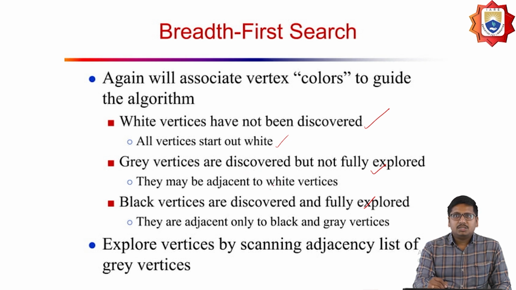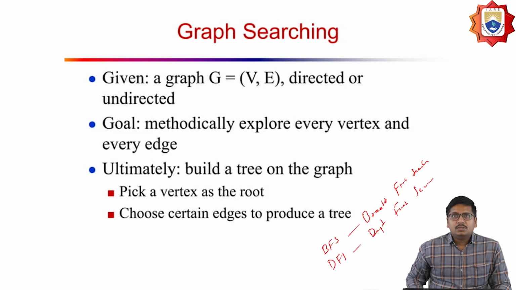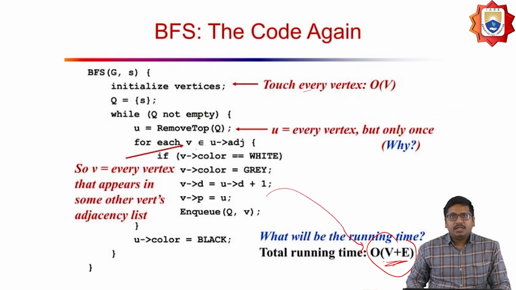So that may be adjacent to those white vertices, and black vertices are discovered and fully explored. So this should be the breadth-first search algorithm, which is nothing but a graph traversing technique. And that one I'm going to cover in the next video.